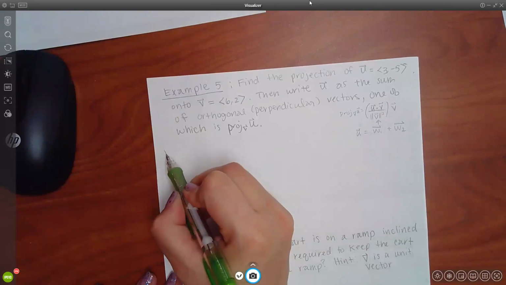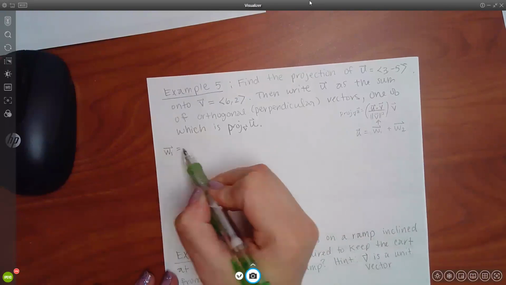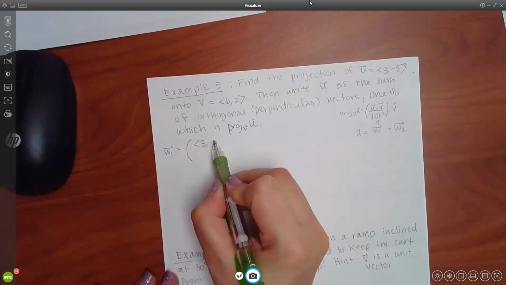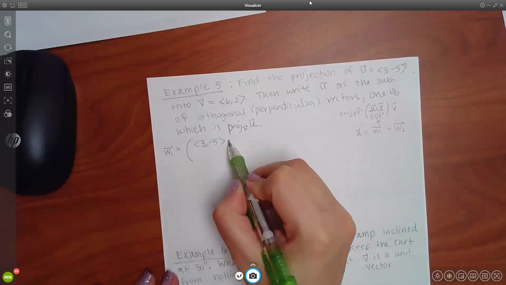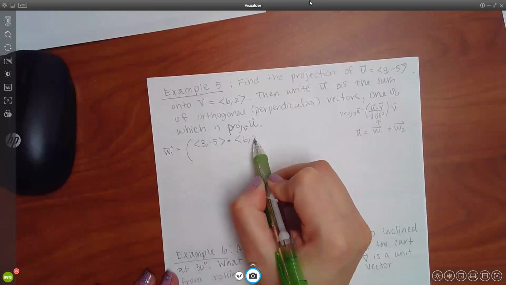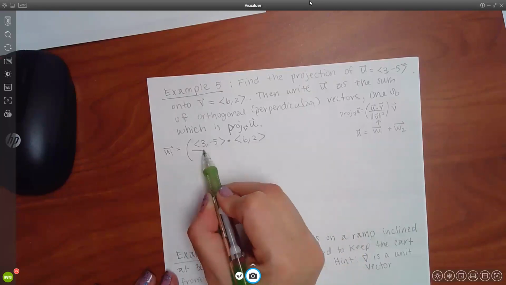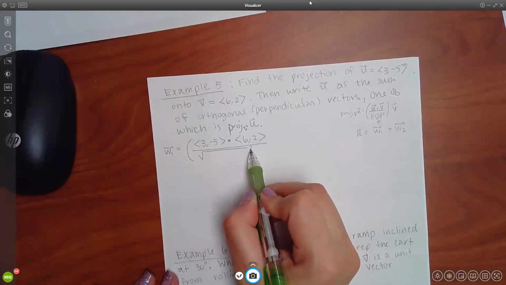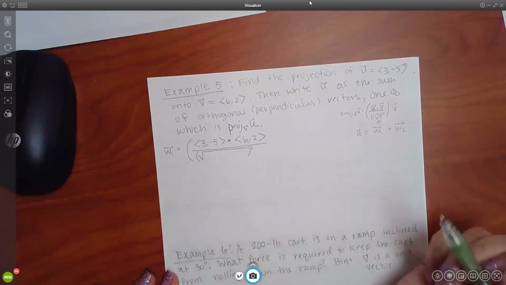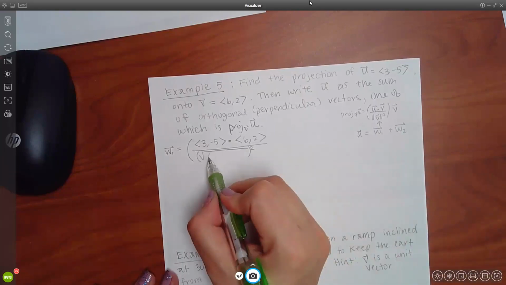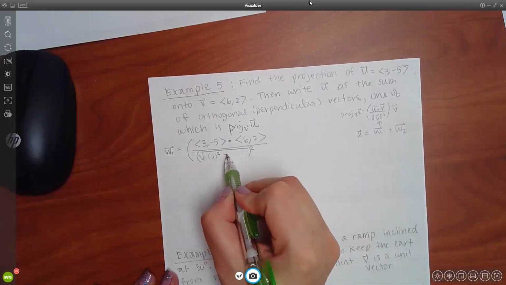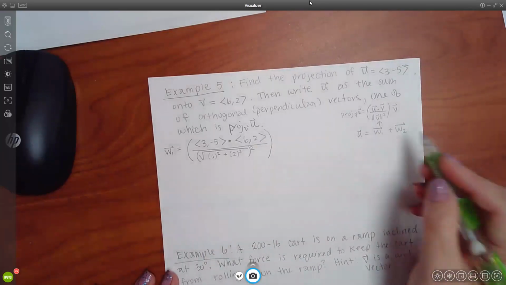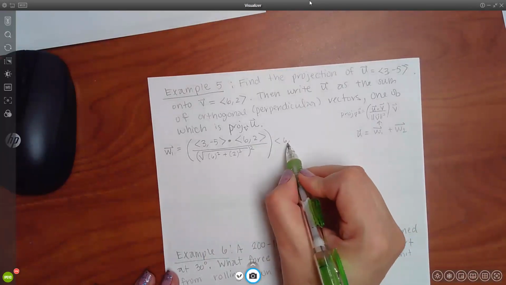So here goes for W1. I'm going to take U, which is 3, -5, and dot product it with V, which is 6, 2. Then at the bottom, I'm going to do the magnitude of V squared. So the magnitude of V is the first component of V squared plus the second component of V squared. And then I'm going to multiply this by the V vector.